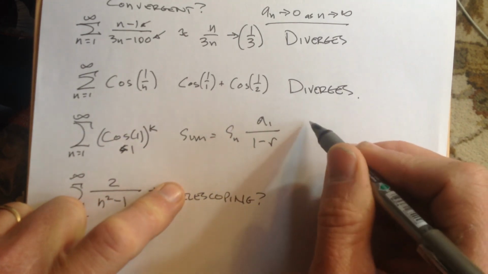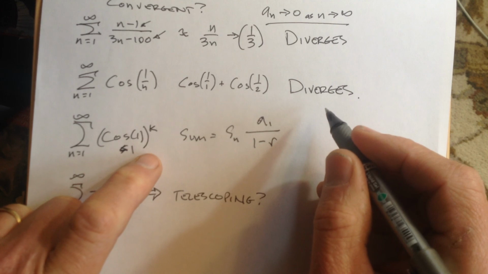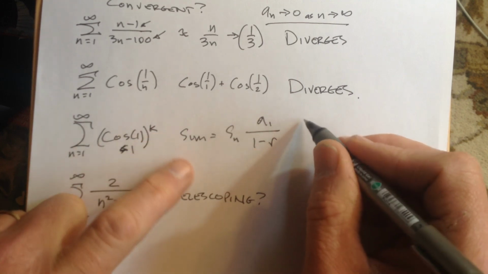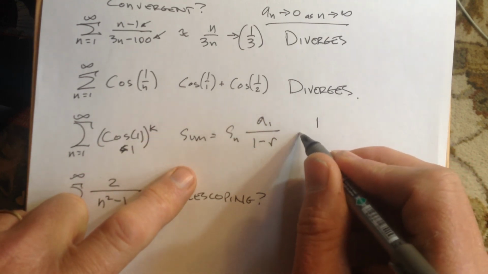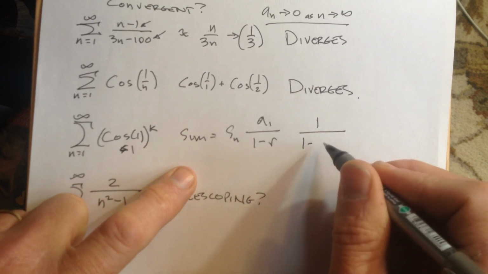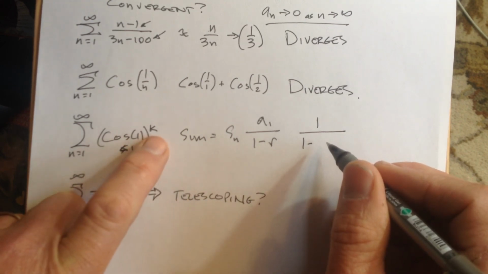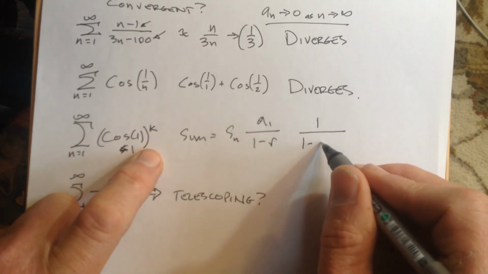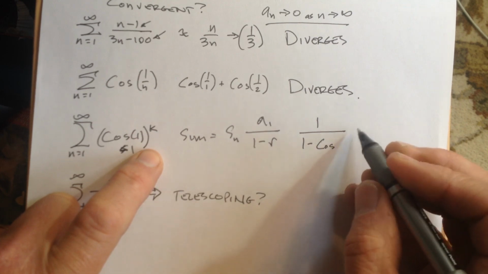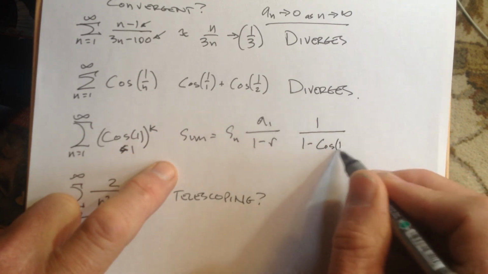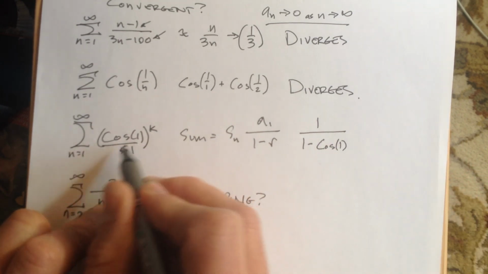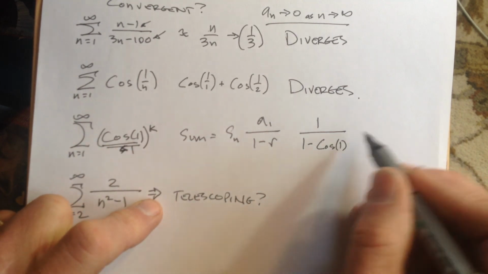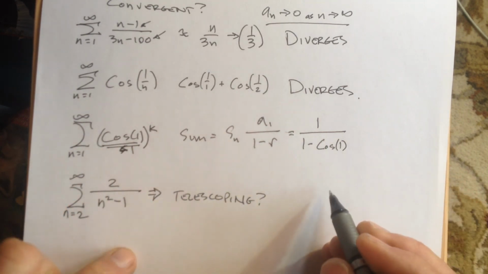In this case, if I plug in 0, the first term is 1, and then cosine of 1 is my radius, because that's just what I'm multiplying by repeatedly. So whatever this value is, that is the sum.